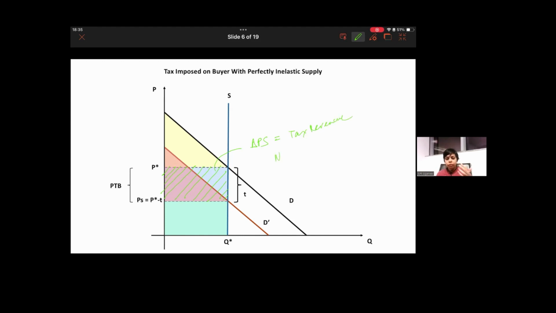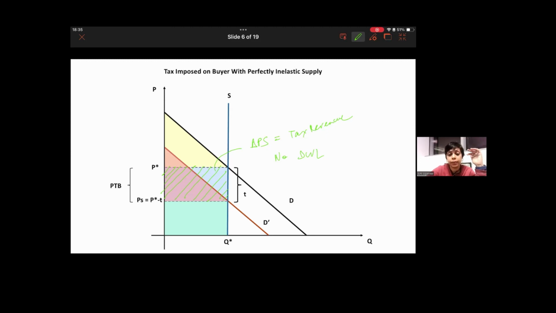Why is that? It is just because of the supply being inelastic. Because the supply is inelastic, what the producer is saying is that no matter what the price is, I'm going to keep supplying. And that is why there is no change in the number of transactions that is taking place, which is why the quantity is not changing. Is that making sense?